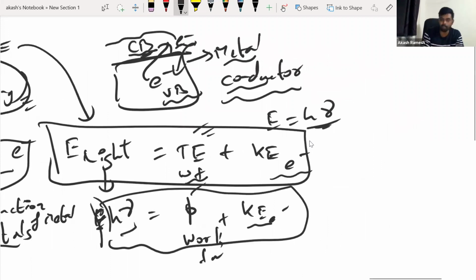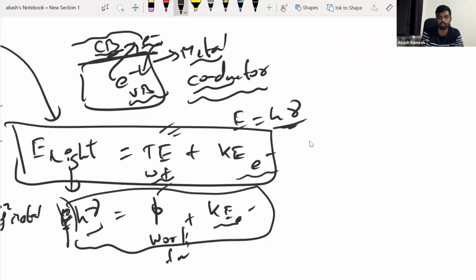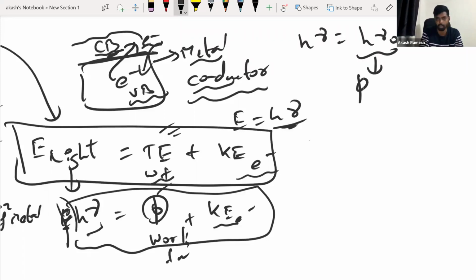Okay, now I can write a still more detailed equation. H nu. Now your work function is also energy, right? This is also some energy that will have some frequency. I can write that as h nu naught. H nu naught is nothing but psi. Okay, and this nu naught, we know h nu naught is the threshold energy. Okay, this nu naught is the frequency.